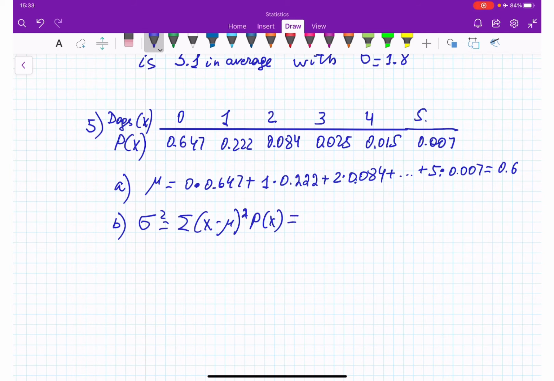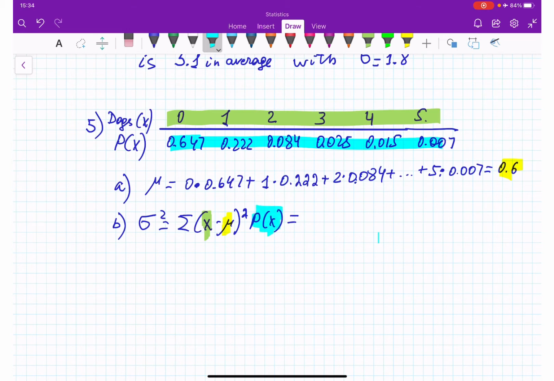So if you plug in, here you have your x, this one, your mu, which is this one, and here you have the probability distribution, which is going to be this.